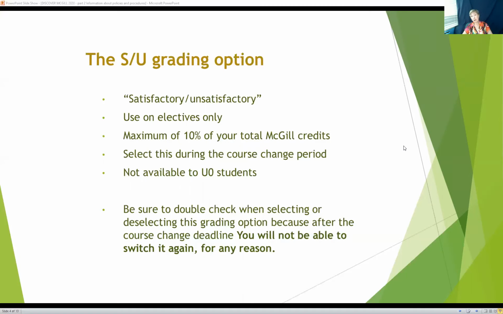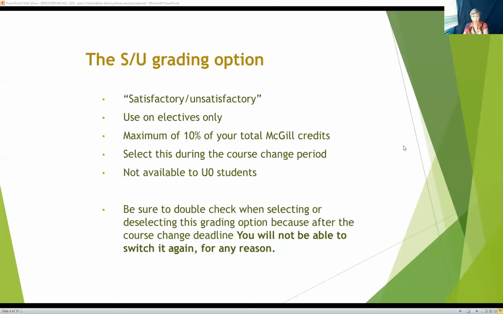But behind the scenes, after the grade is submitted, it will automatically be converted. A grade from A to C will be converted to an S for satisfactory, and that's the grade that will show on your transcript. A grade of D or F will be converted to a U for unsatisfactory on your transcript.